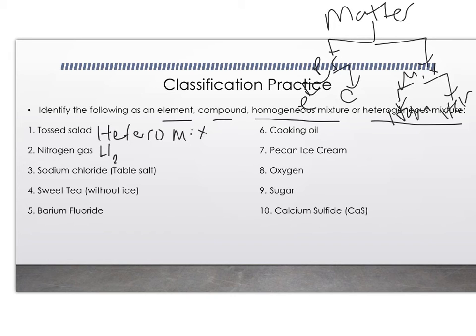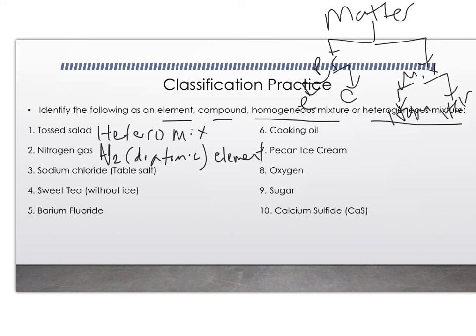Nitrogen gas. So nitrogen is an element on the periodic table. It exists as a diatomic substance because it has two of itself. Regardless if there's a 2 or not, there's one letter that's N. You can find the N on the periodic table, which would make it a single element because it's not 2 or more elements combined together.